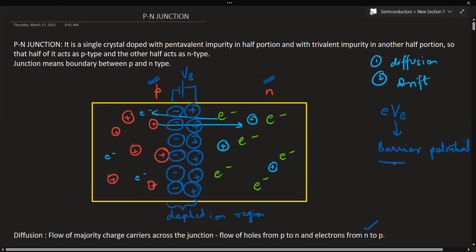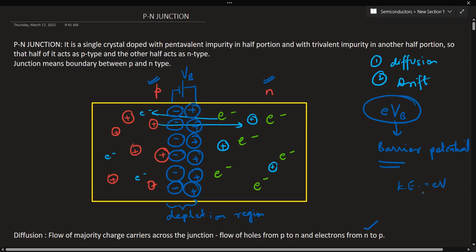It is called a barrier because it opposes the further diffusion of electrons and holes. Only those electrons or holes which have energy more than E multiplied by VB can cross.